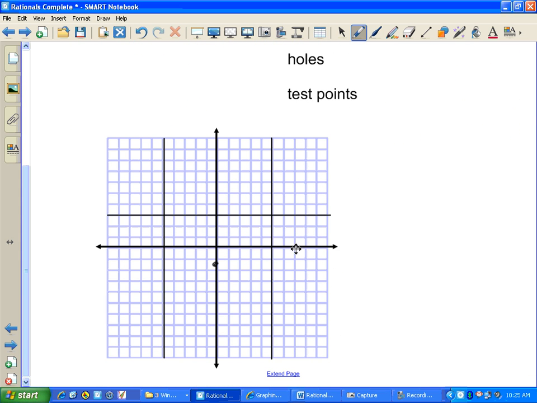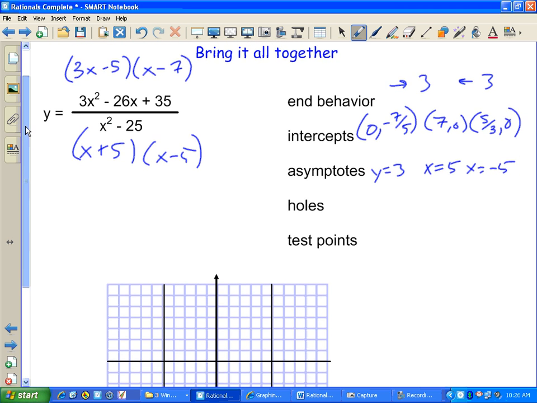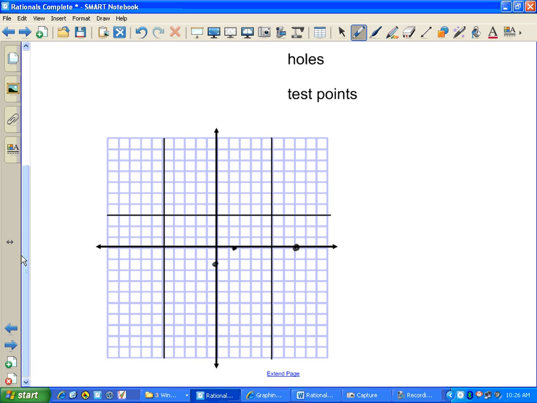So 5, 6, 7, there's an intercept. 5/3, which would be 1 and 2/3, there's an x-intercept. Okay. What else? Okay, that's everything. So far, this is all I've got for my graph.